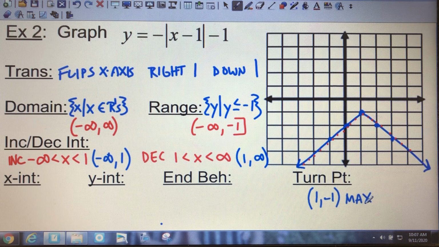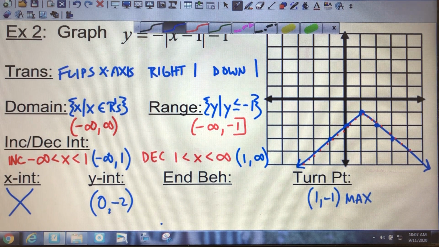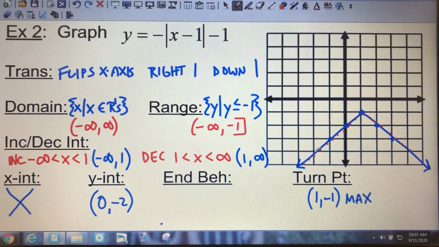So the x-intercepts, we actually don't have any on this particular graph. Our graph does not touch that x-axis. The y-intercept is 0, -2. Okay, and then end behavior, as we go to the left, what's happening? X is approaching negative infinity. Y is approaching negative.